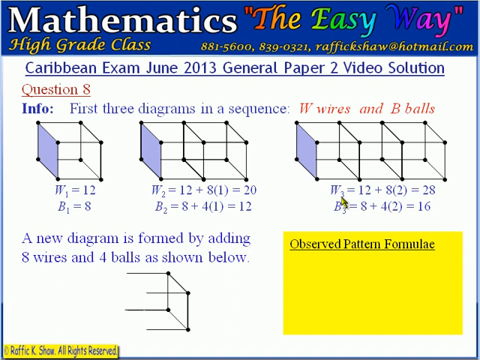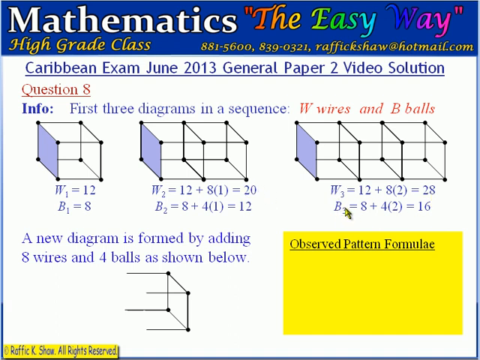The 12 wires from the first diagram, and 8 wires were added twice to get this third diagram, and 4 balls were added twice to the first diagram to get this third diagram. And so the number of wires in the third diagram is 12 plus 8 times 2, that's 28, or we simply add 8 more wires to the 20 here.